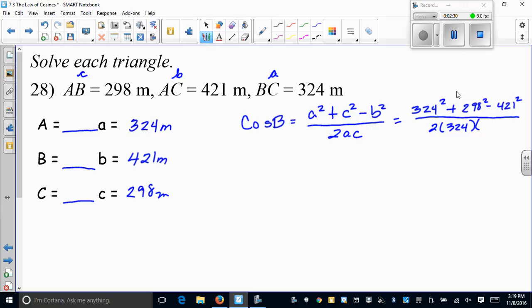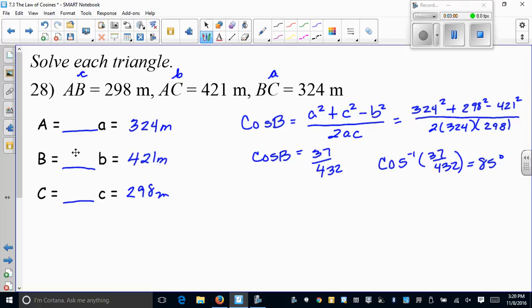And we plug that in, we get a cosine of B equal to 37 over 432. Plug that in the calculator, the inverse cosine of 37 over 432 equals an angle of approximately 85 degrees. So that one there is 85 degrees.